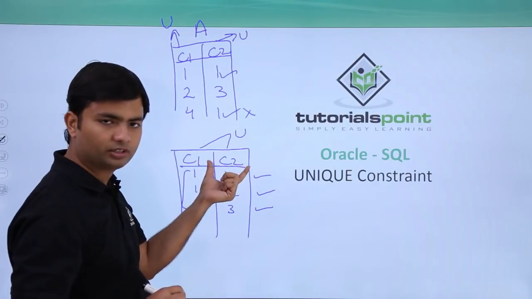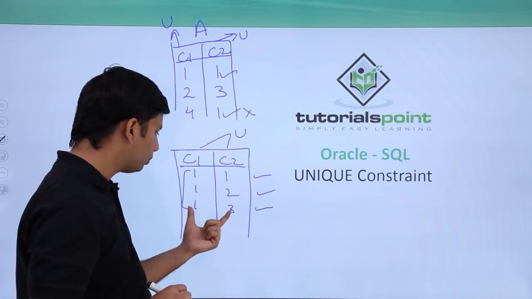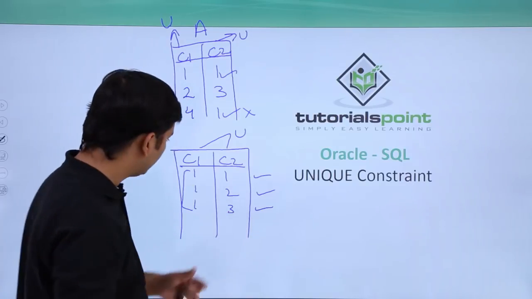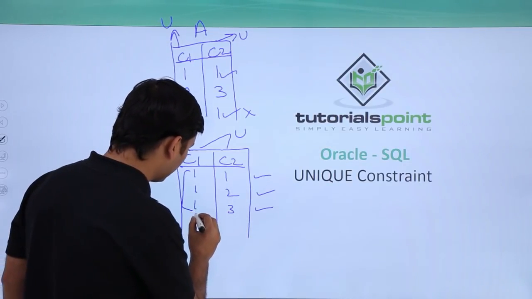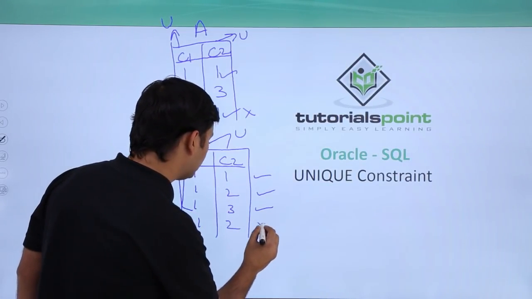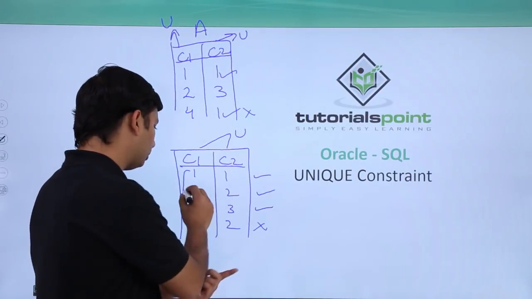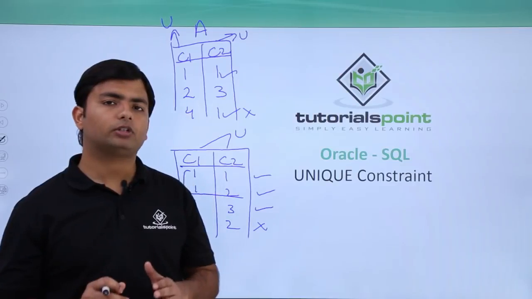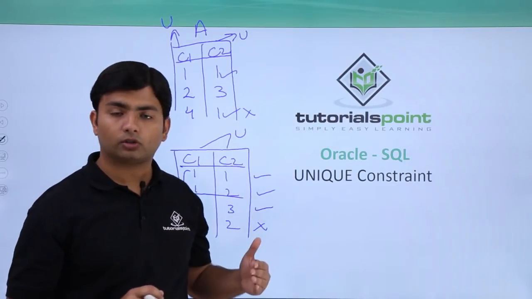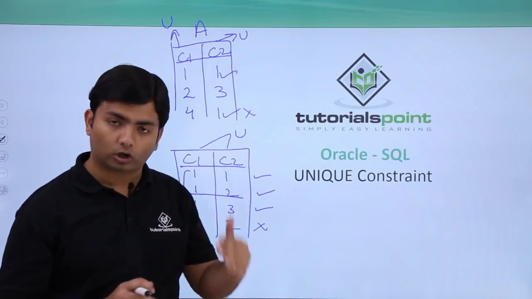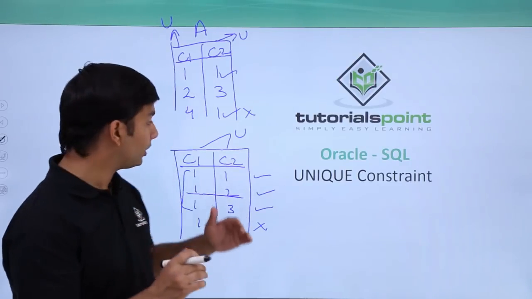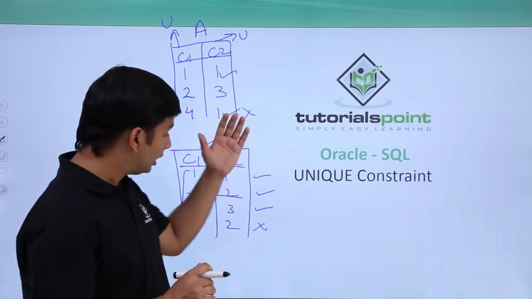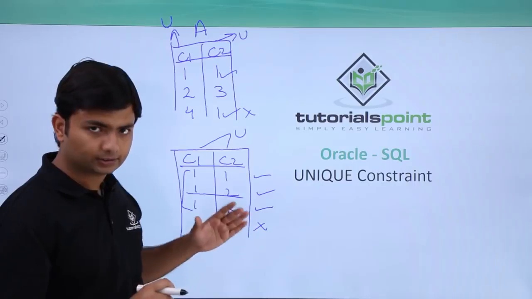It is a combination this time. So 1, 1, 1, 2, and 1, 3 are unique combinations. If you enter 1, 2 again, it will not be accepted because this combination is already present. This is what happens whenever you add the unique constraint at the table level on multiple columns.